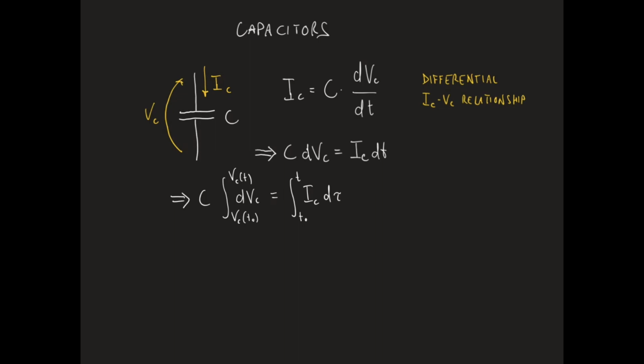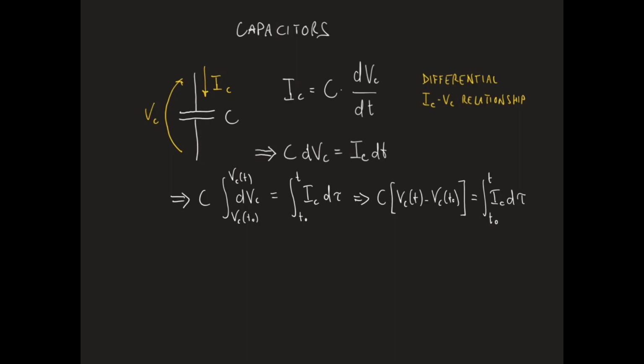The first member of the equation yields C times Vc in t minus Vc in t0, which is equal to the second member of the equation, so the integral between t0 and t of IC in tau.